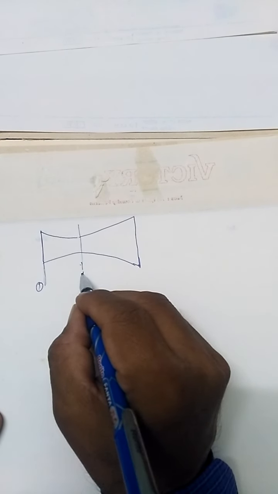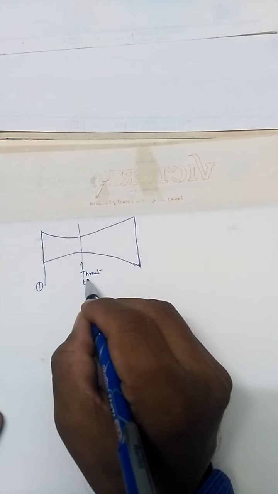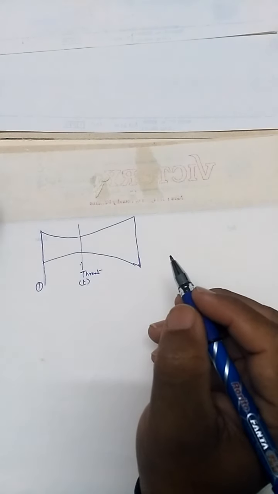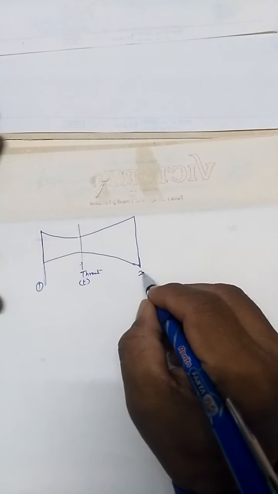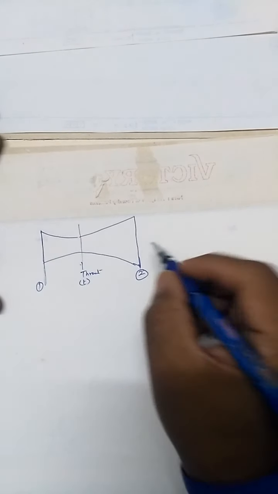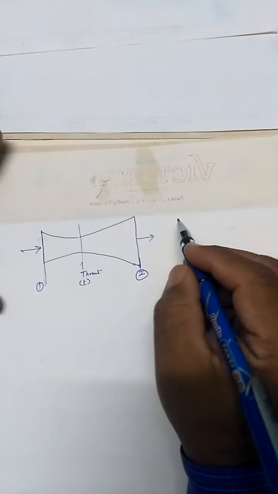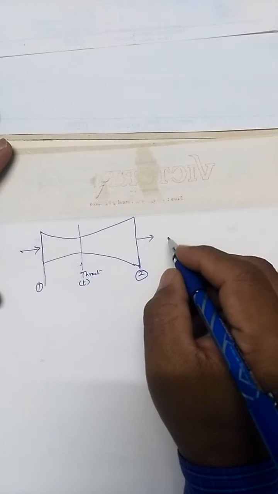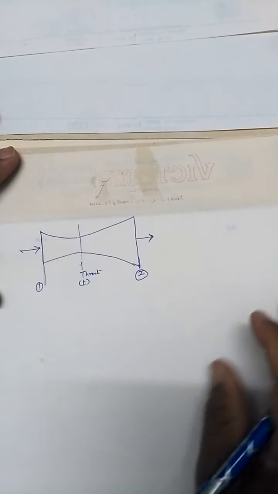Let us put T to denote the throat section. Then the exit point, so this is the exit. The steam enters here and comes out through the exit. This is the second point.